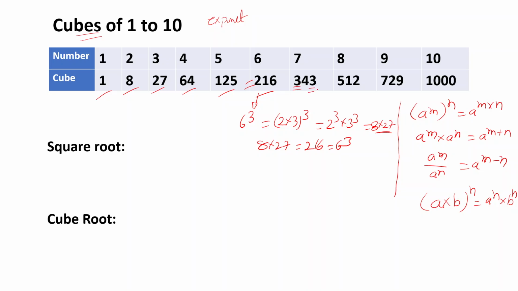It is also again a famous number, because 121 is 11 whole square, and 484 is 22 whole square, and 343 is equal to 7 cube. So you can remember. And 512. Here there is a beauty to it. We know very well 2 to the power of 10 is equal to 1024, that is, we measure 1024 MB is equal to 1 GB.